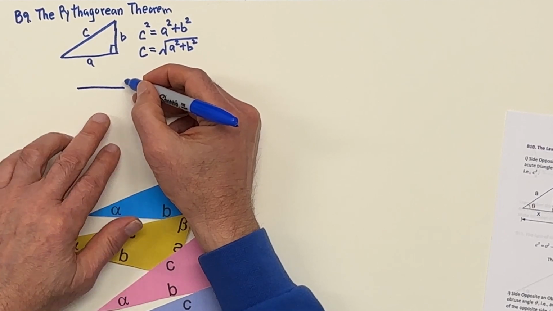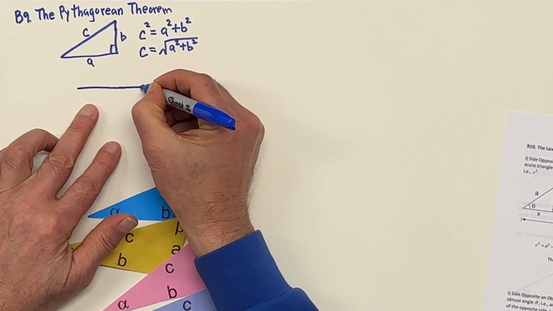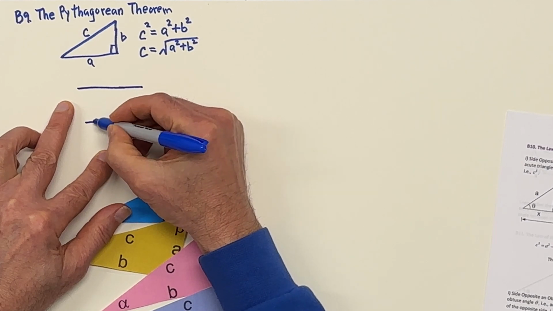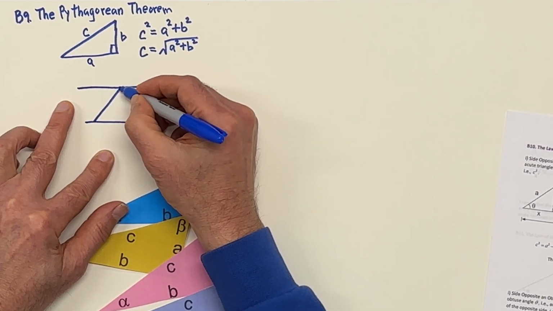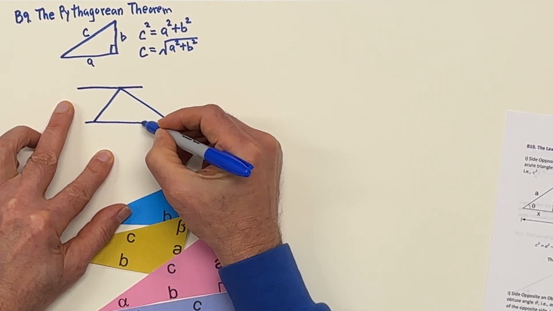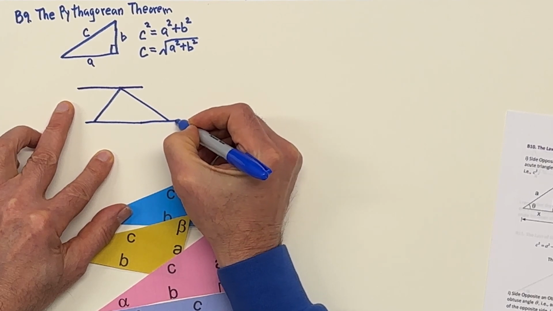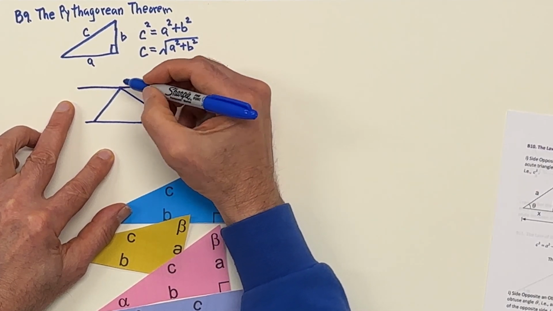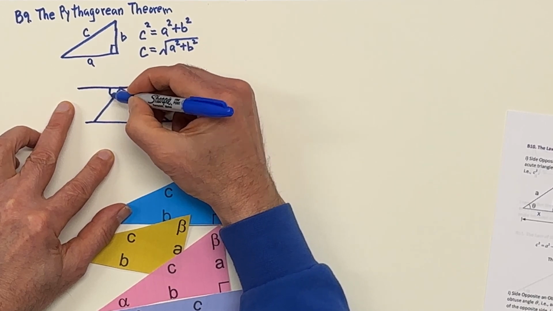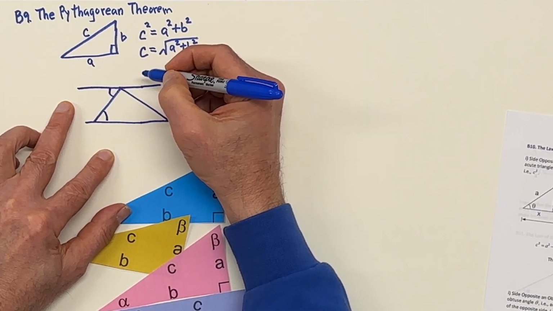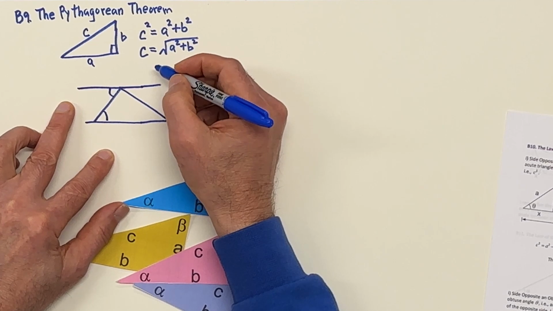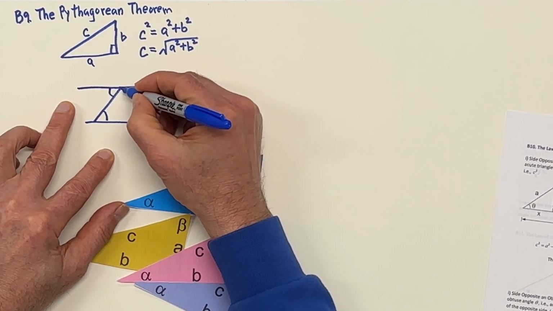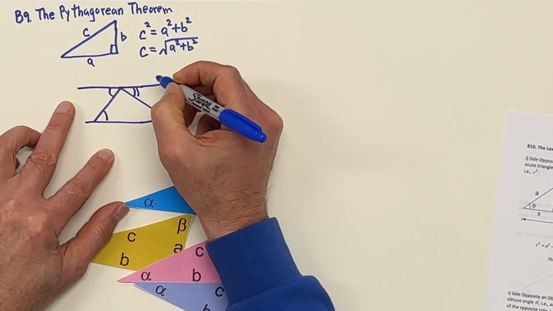Now, if you have this line that's parallel to this line, and we're going to look at a triangle, so that we draw in here like this, then I'm going to show you this angle is the same as this angle. And see, this angle is the same as that angle.